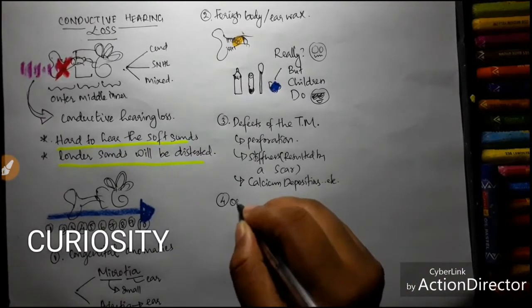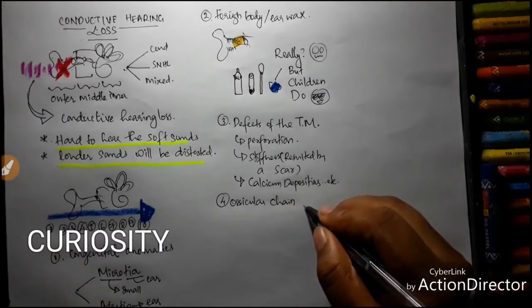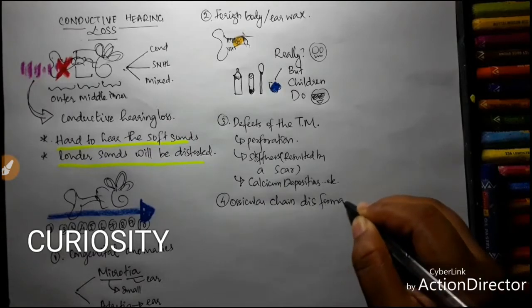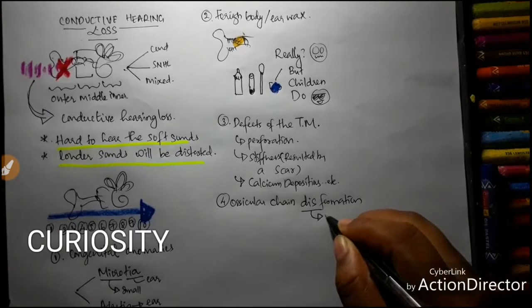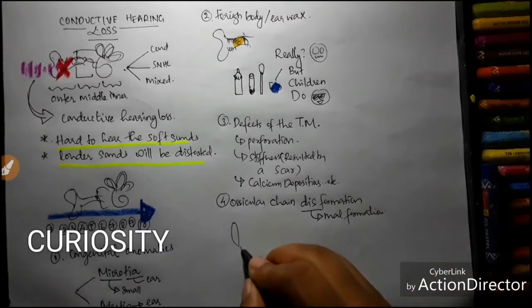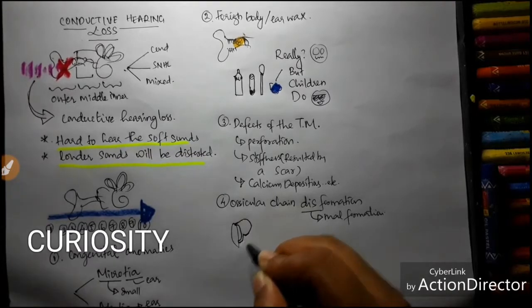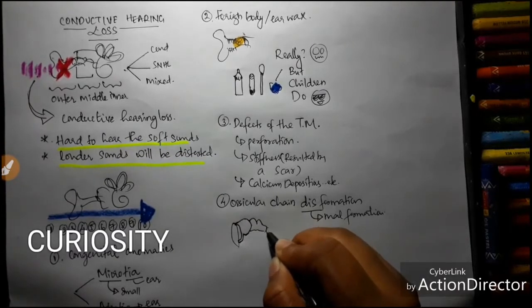The fourth one is ossicular chain deformation. It can be a malformation. The normal shape of the ossicles is like this.